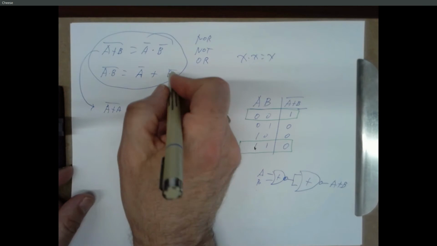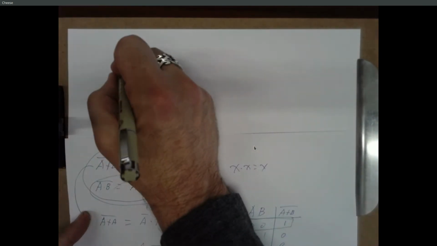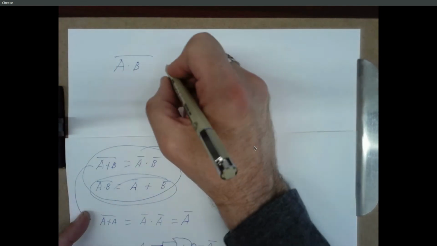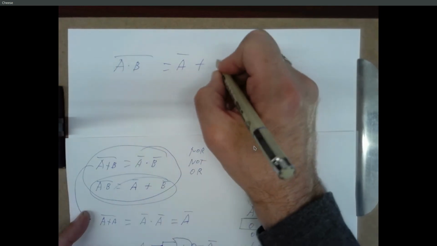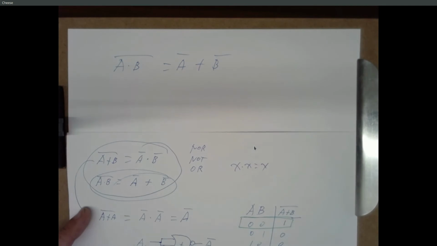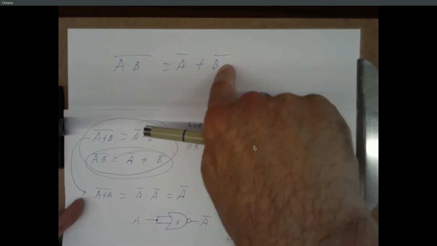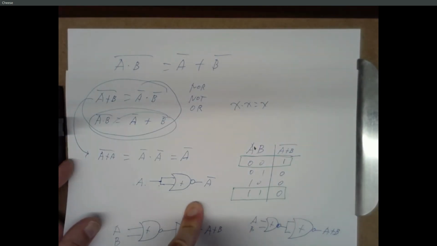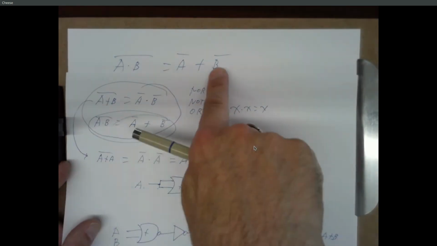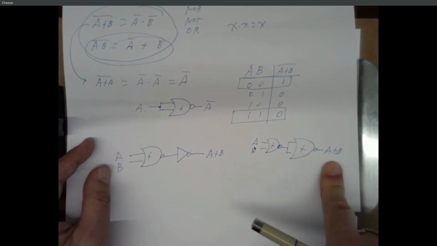So let's look at this version of De Morgan's theorem. A NANDed with B is A bar ORed with B bar. Well, if we have A, we know we can get A bar because we've got an inverter. If we've got B, we know we can get B bar because we've got an inverter. And if we have A bar and B bar, we can OR them because we made an OR gate out of NORs.